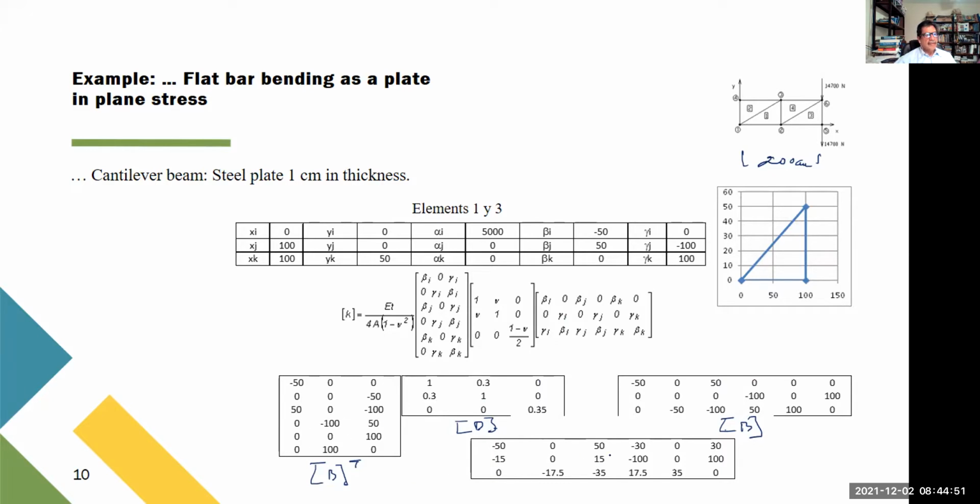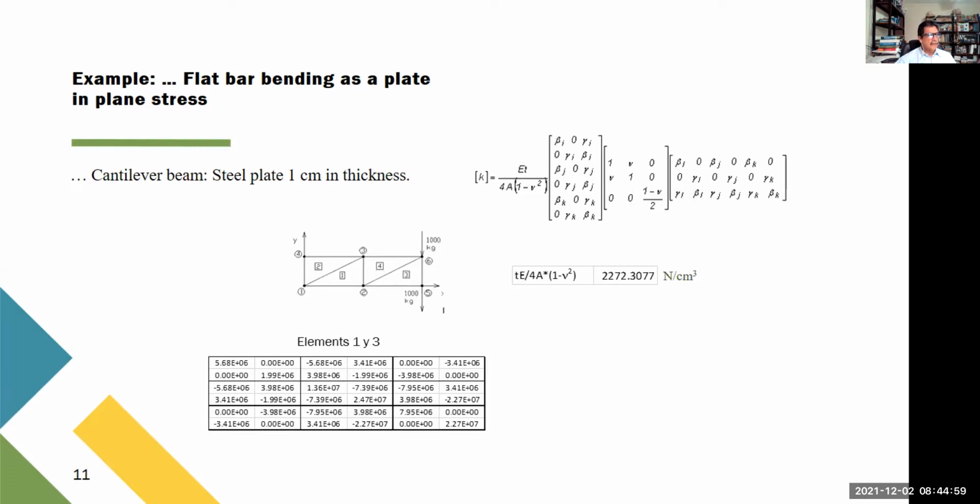This is 6 by 3, this is 3 by 6, the result is going to be 6 by 6. In front we have this expression: tE over 4A, 1 over 1 minus nu squared. In this case, E is 2.1 times 9.8 to the 6, because this is newtons per centimeter squared. And all of that.